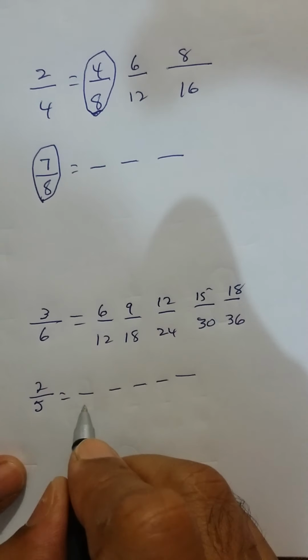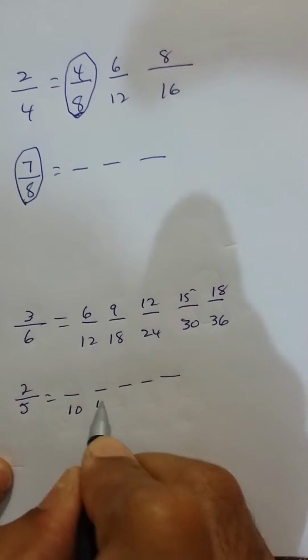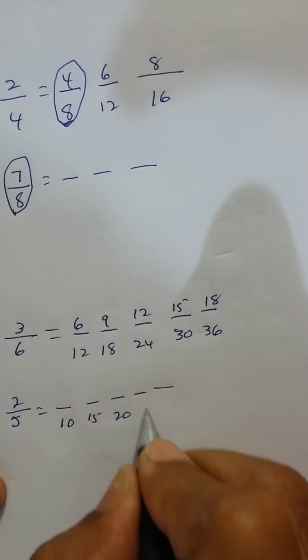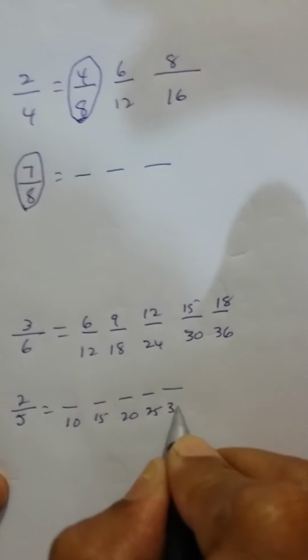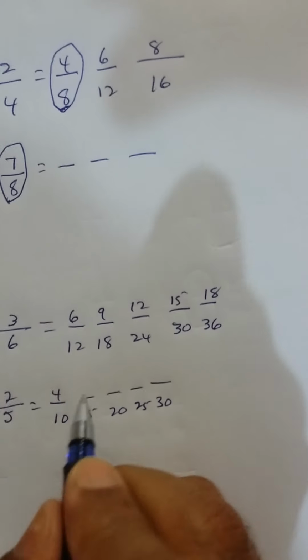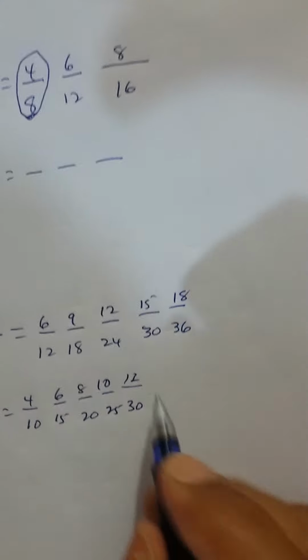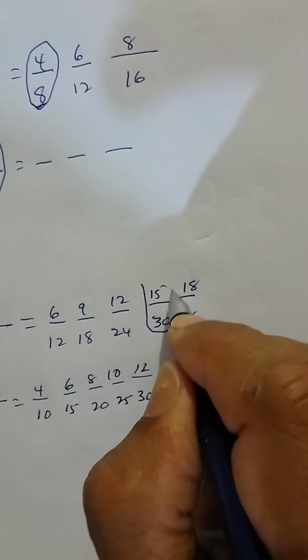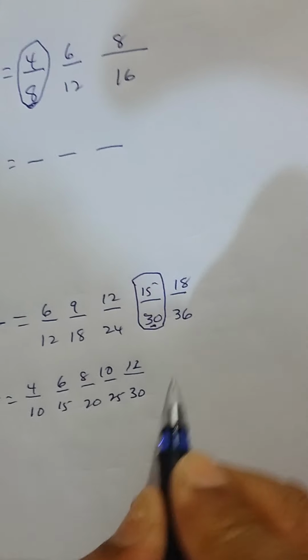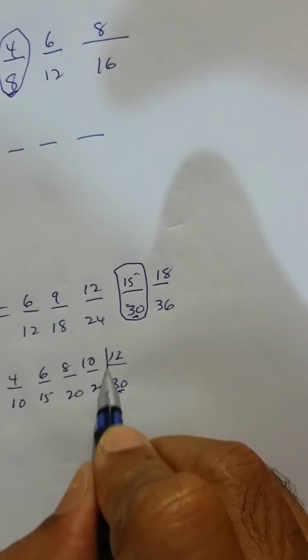There's a 5, 10, 15, 20, 25, 30. So 2, 4, 6, 8, 10, 12. Yeah, come on. We have 30 here and 30 there. So this is common.